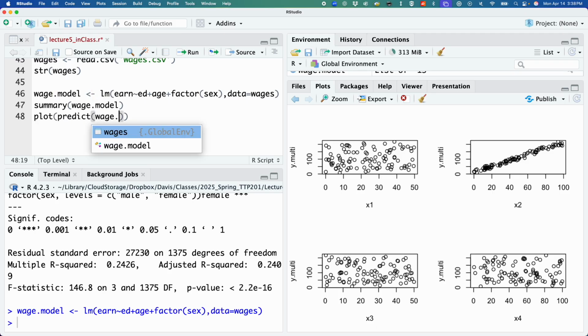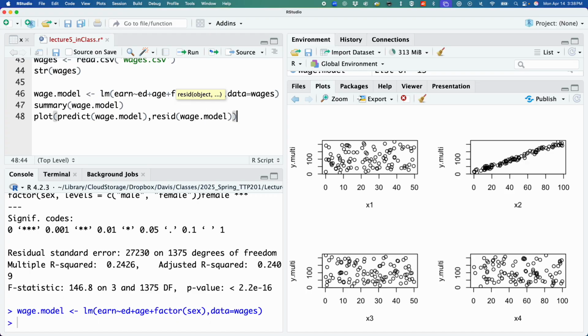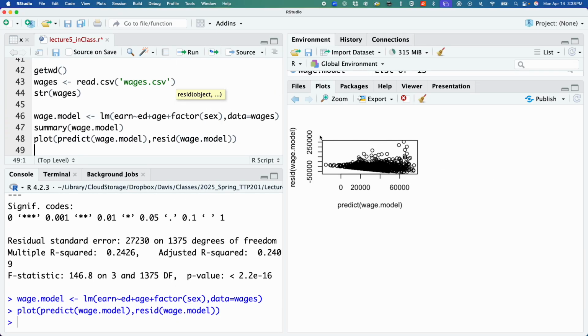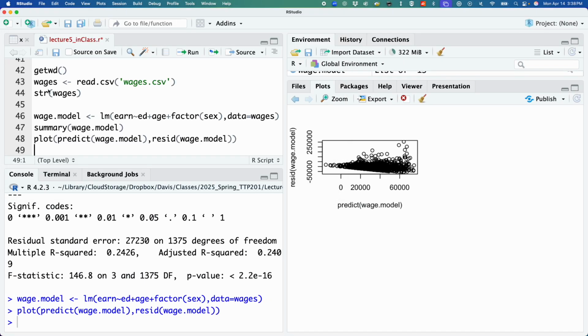One thing that I'll always recommend is to look at the residuals. Oh, shoot, I'm still in the part thing.